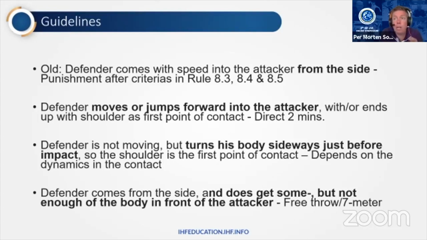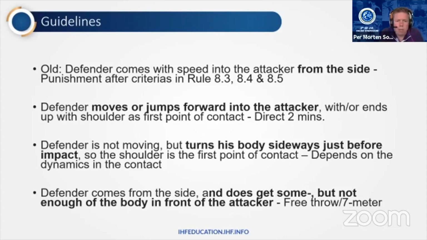It can be a really ugly situation, especially if the shoulder hits very high on the attacker. If it hits the attacker in the throat-face region, it might also be a red card in some situations. Or it might be just a normal free throw, or advantage and goal, which is always the best solution when we can play the advantage.